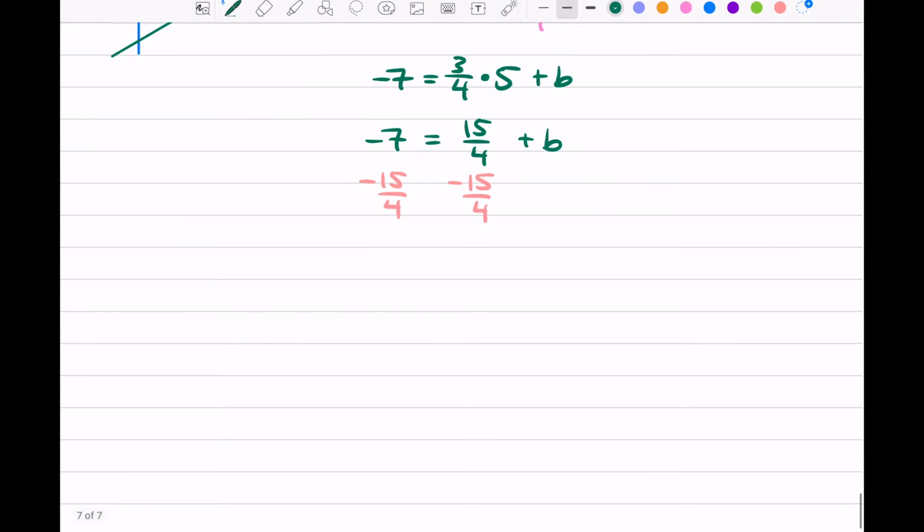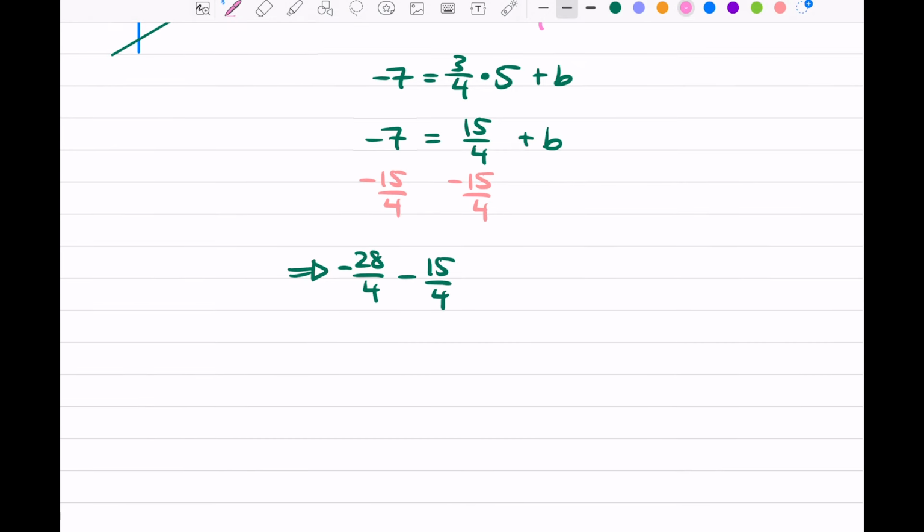That is going to leave us with -7, so I'll rewrite that as -28/4. Why did I do that? Because we have to subtract 15/4, so I'm trying to get a like denominator because we have to do a little subtracting with fractions. And then on the other side, this cancels out and we're left with b.